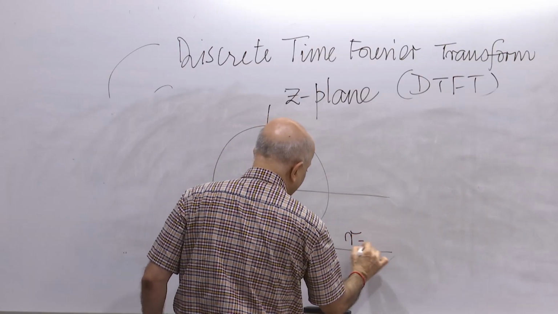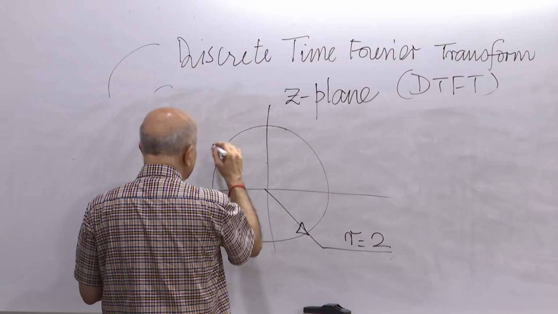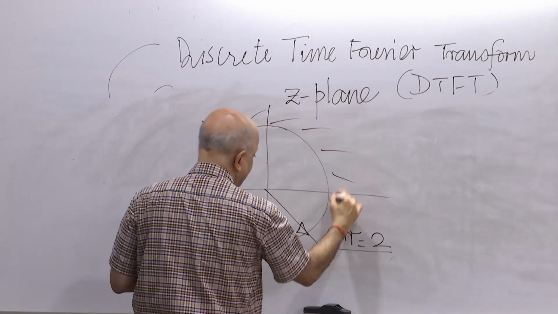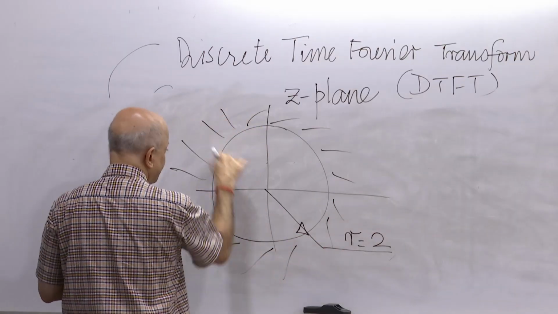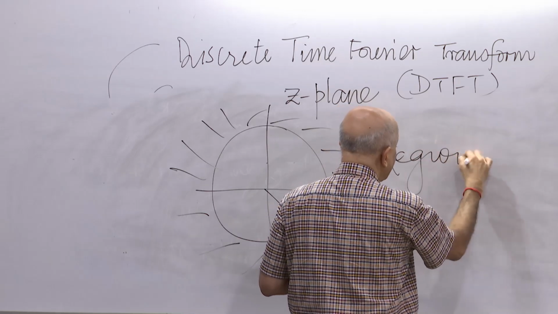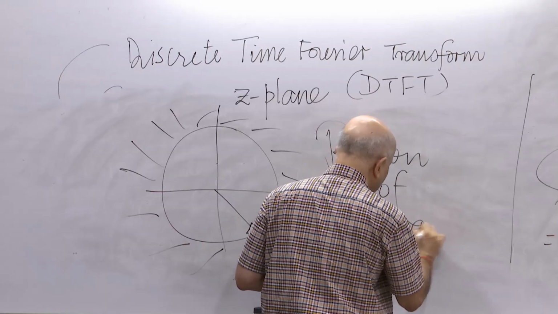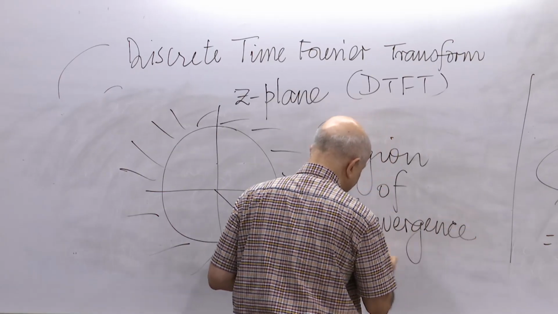Here, if you take the circle R equal to 2, then the region of convergence is to the exterior of this circle. This is the region of convergence. So just as the Laplace transform has a region of convergence, the Z transform also has a region of convergence.